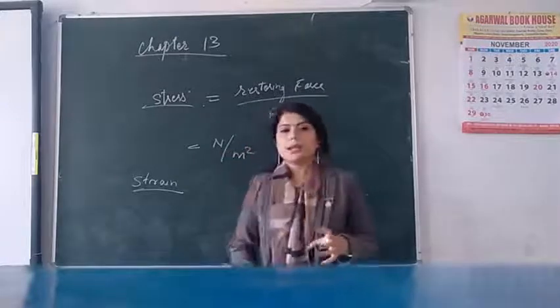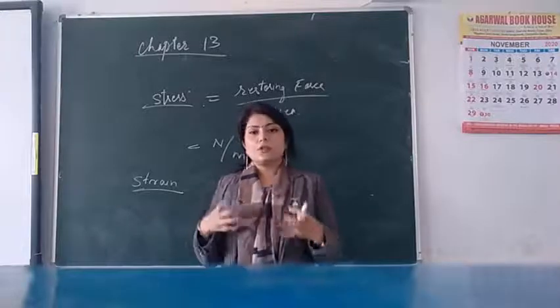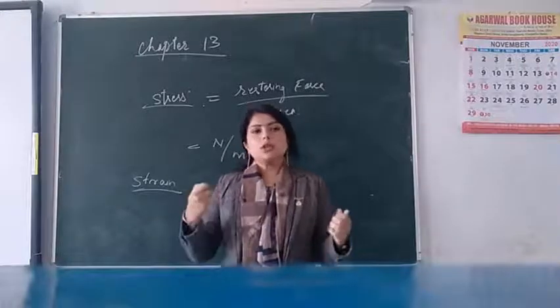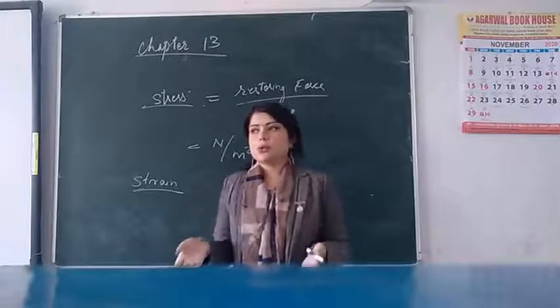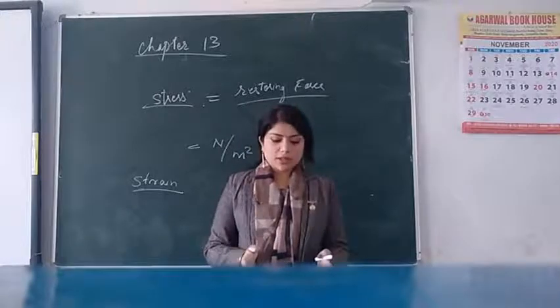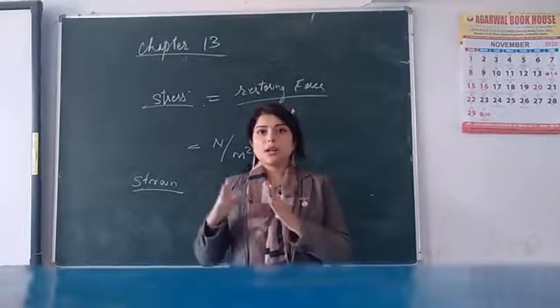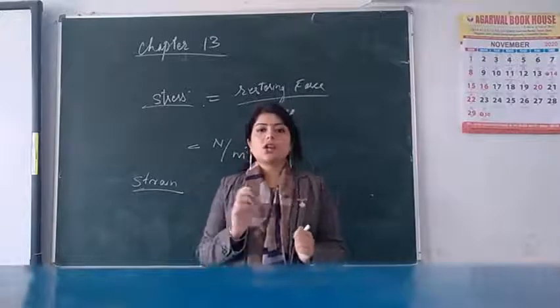Strain is different for different types of objects. Suppose it is a wire, and I apply some force on it, what happens? The length of the wire will increase. So what we can say is, whatever length is increased divided by whatever the initial total length was gives you the change in the length.